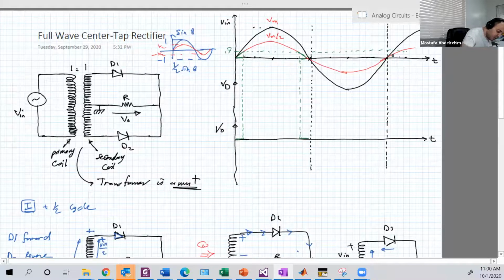Then between these two points, when V input over 2 is larger than 0.7, the output is V input over 2 minus 0.7. So take any value from these values and subtract 0.7. So it will be something like this. And this point here is V max over 2 minus 0.7.